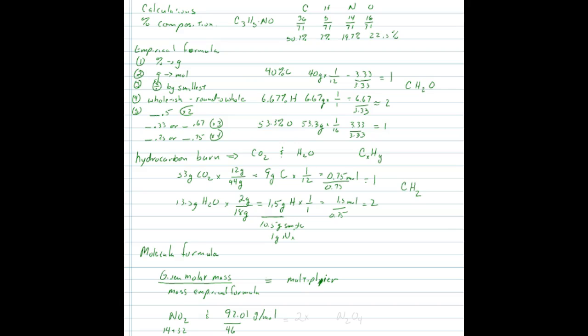So you divide the empirical mass, 46, into the molar mass, 92, and you get something very close to 2. So it's really 2 times bigger. So it's not N1O2, it's N2O4. That ends this lesson on calculating empirical formulas, or calculating formulas.